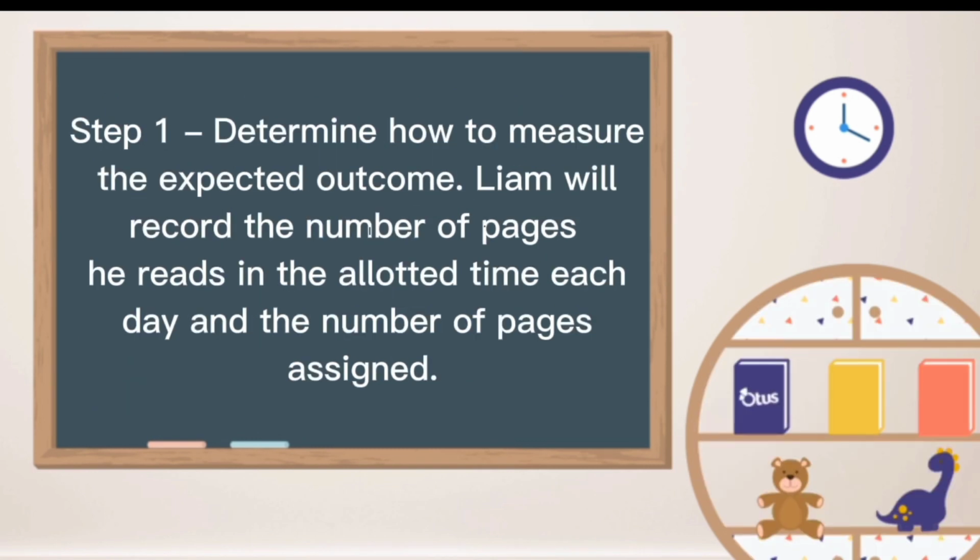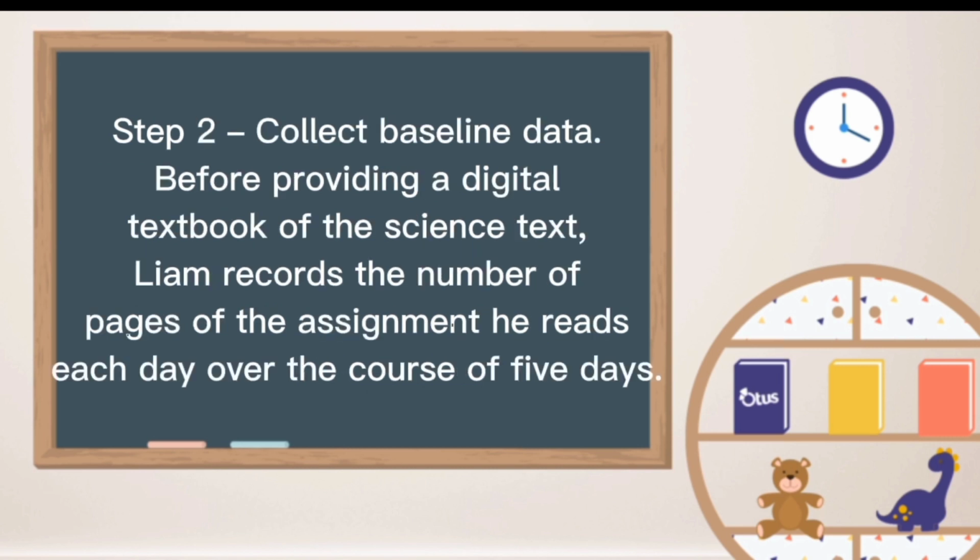Step 1. Determine how to measure the expected outcome. Liam will record the number of pages he reads in the allotted time each day and the number of pages assigned. Step 2. Collect baseline data. Before providing a digital textbook of the science text, Liam records the number of pages of the assignment he reads each day over the course of 5 days.